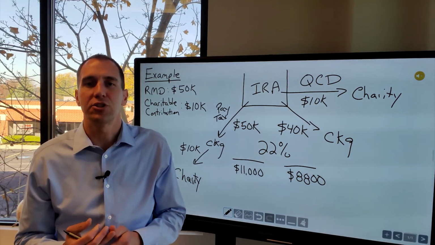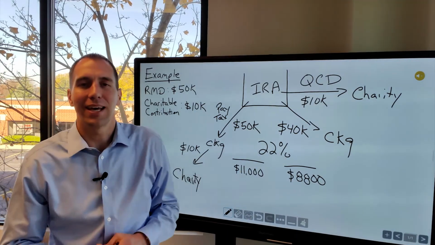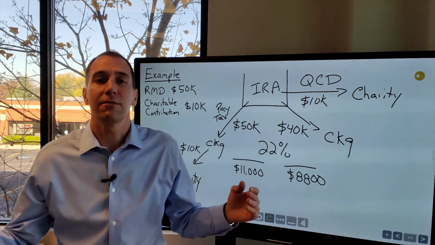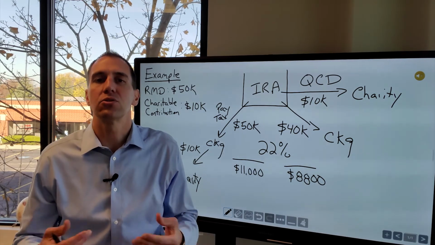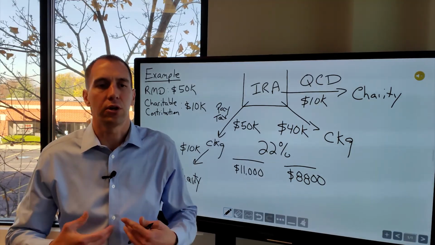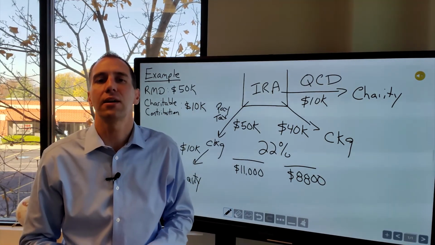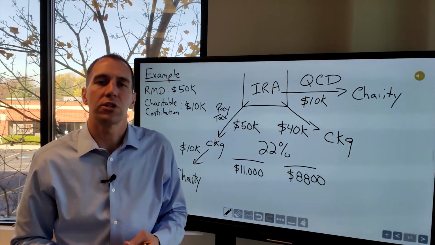The max amount that you can do is $100,000. And just because I put $10,000 on the screen here, you can give any amount that you so choose as long as your custodian allows you to do so. So you could do a $25 check here, $100 check here, $1,000 check there. It's all up to you and what you'd like to give.